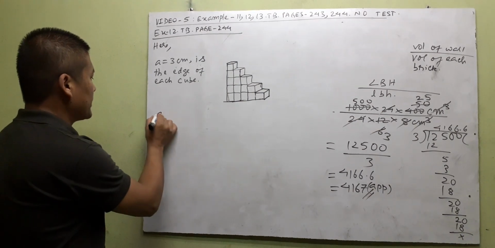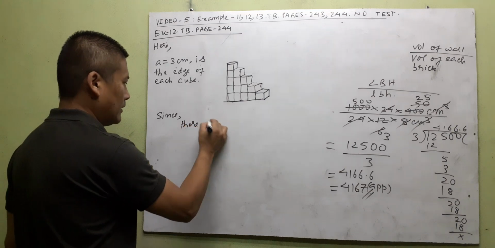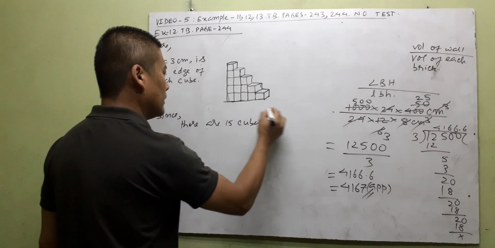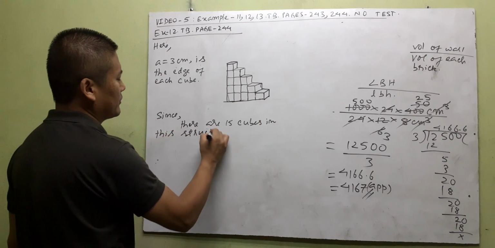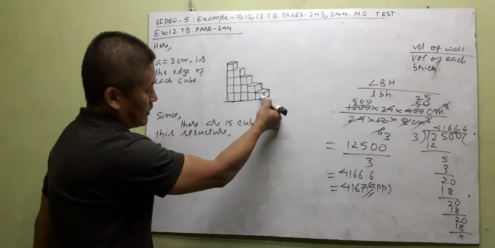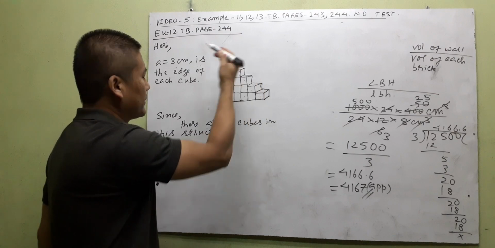Now, since, as we can see the structure, there are 15 cubes in this structure that the child has built. In this structure we see here 15. You can count 1, 2, 3, 4, 5, 6, 7, 8, 9, 10, 11, 12, 13, 14, 15.